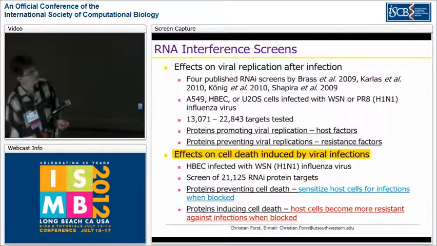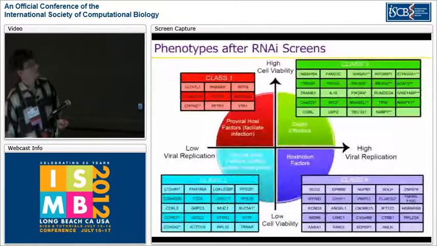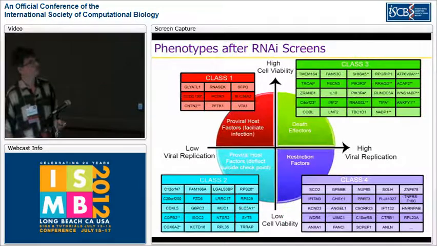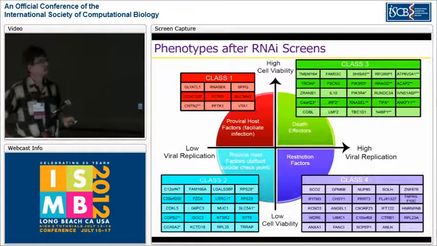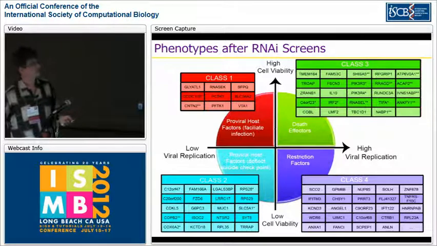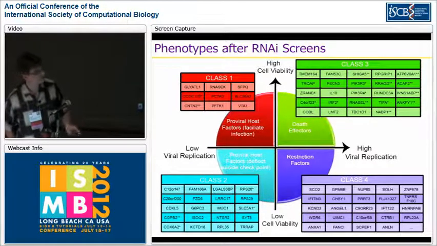And when combining both two by two, we have four different scenarios, so four phenotypes in this sense, and we classified them in these four classes. So what you have is proviral host factors that facilitate the infection, proviral host factors that deflect pseudo checkpoints, death factors and restriction factors.